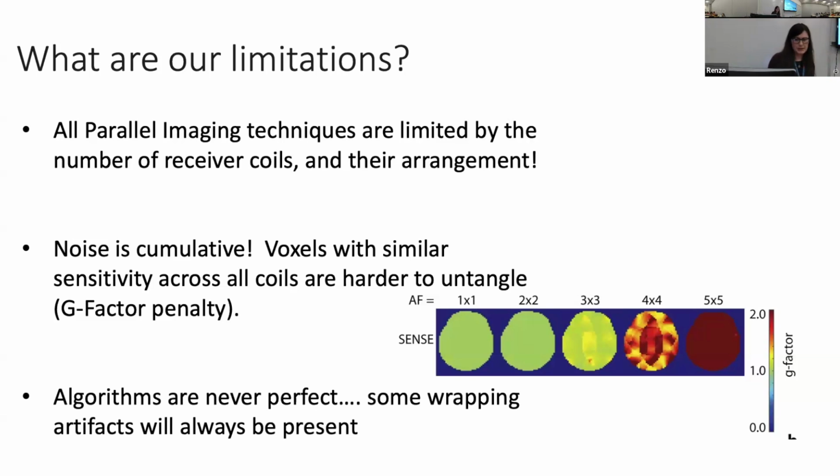The last thing that I'm going to say as a limitation, even though this list could probably be longer, is that algorithms are never perfect. That's something to emphasize. Some wrapping artifacts will almost always be present when you're solving these types of problems.